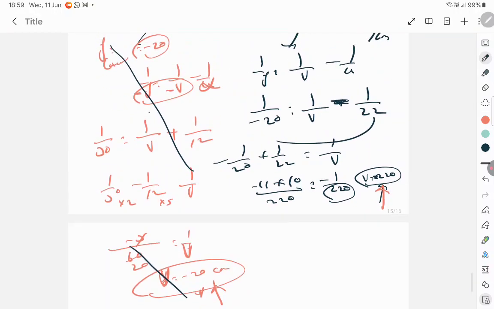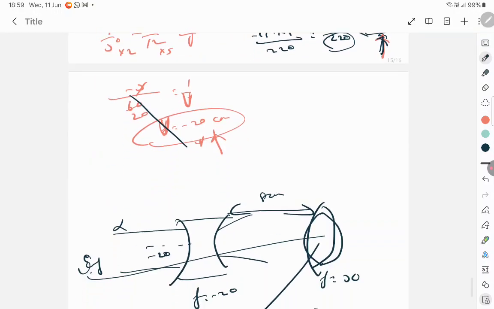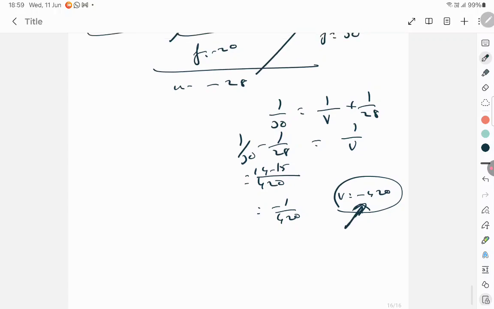They're asking literally to exchange the position of the lens. This is minus 220, whereas this is minus 420.